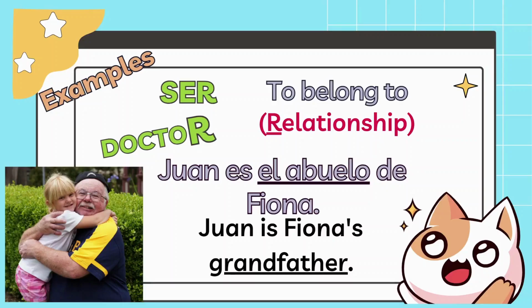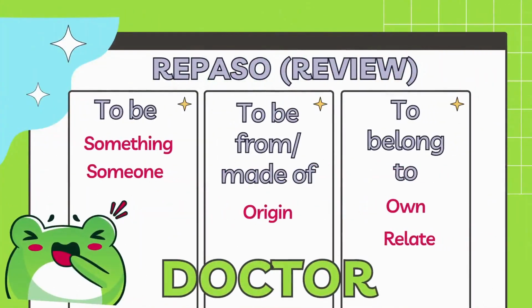Now, let's go ahead and have a quick repaso or review. So the verb ser can have the following uses. To be, something or someone. To be from or to be made of, when you talk about origin. Or to belong to, when you talk about ownership or relationship. To own something or to be related to someone.